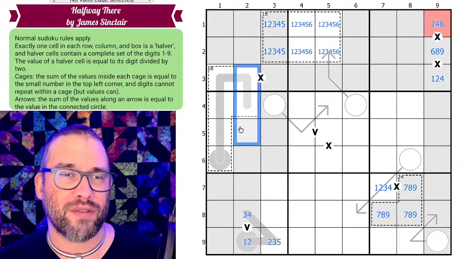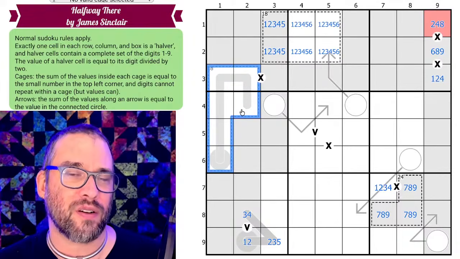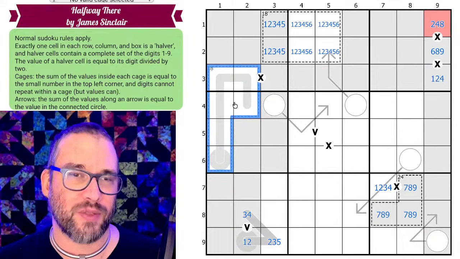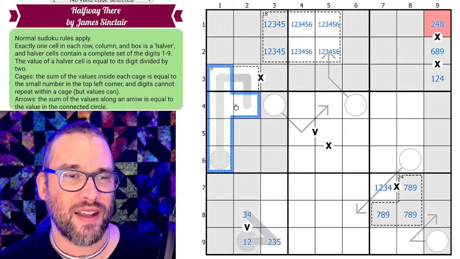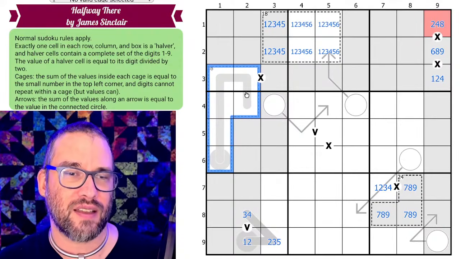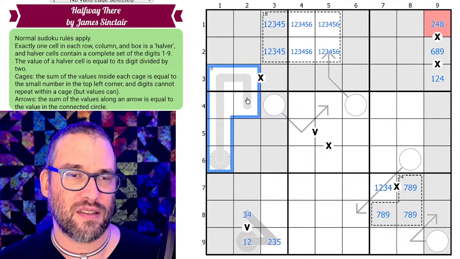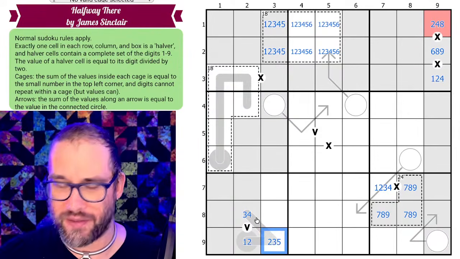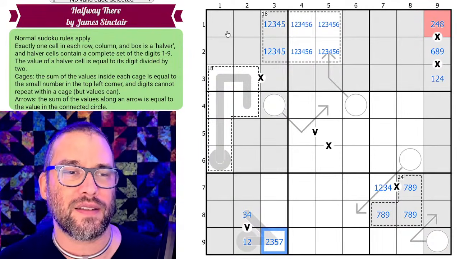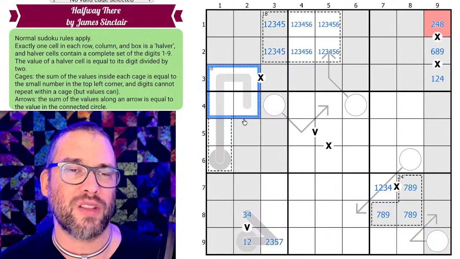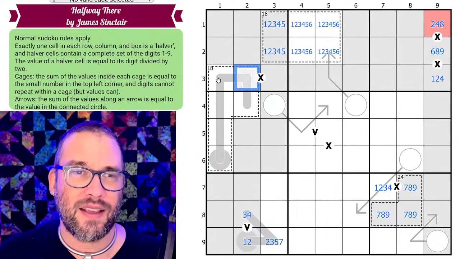Both of the halvers that we're putting on this thermo are X 0.5. So we're only putting odd half digits. This could be 7. Thank you. Right. This has only odd halvers. Okay.